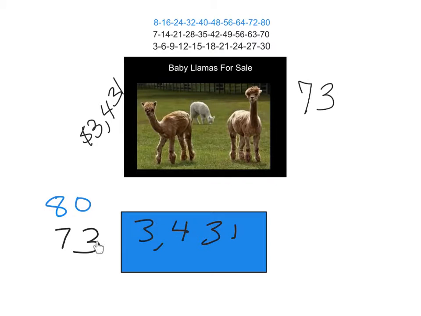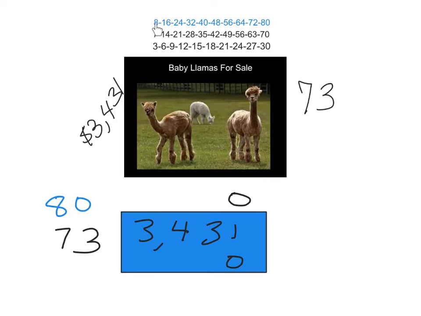go in here. Now 73 clearly cannot go into 34, so I'm going to have to use 343, right? Which means I'm going to put a 0 above this 1 to hold that place value there, right? So then 0 times 73 is going to give me a 0 down here, okay? And then now I'm looking at the 80 as my estimation and trying to figure out how many times it's going to go into 343, right?